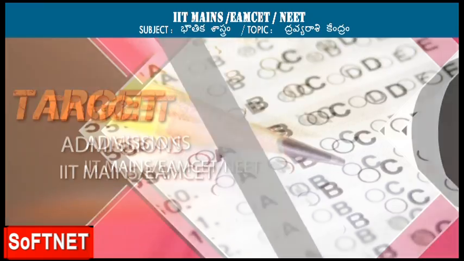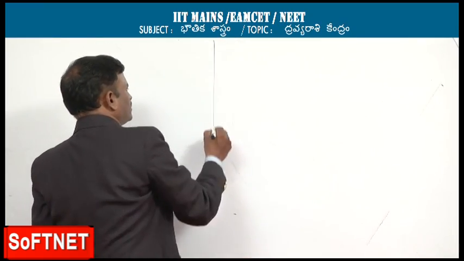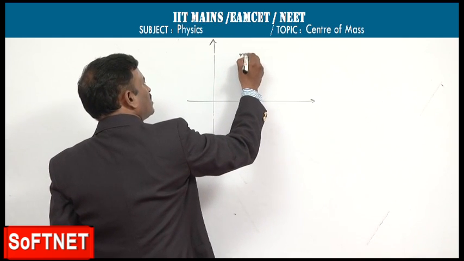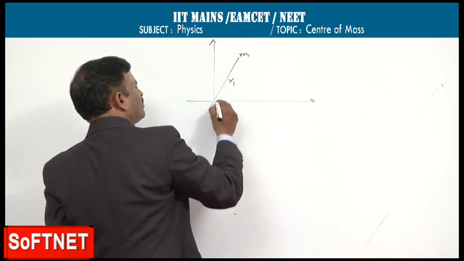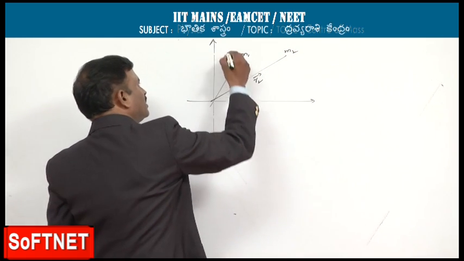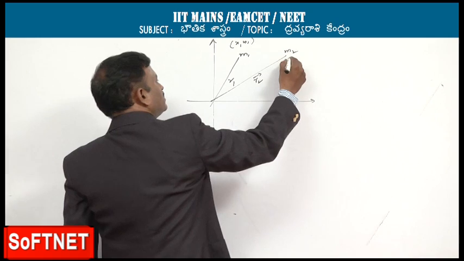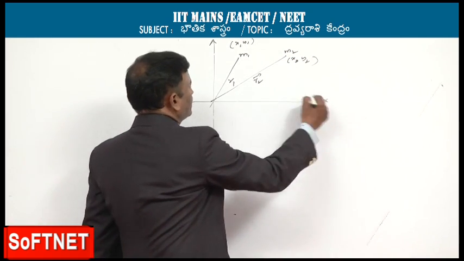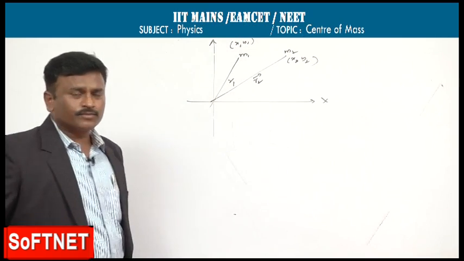Two dimensionally, position vector of center of mass, let us see. Here there is a particle of mass m1 whose position vector is r1, and another mass m2 whose position vector is r2. It is x1, y1, this is x2, y2 coordinates, x axis and y axis.